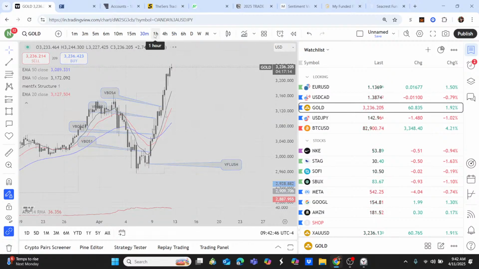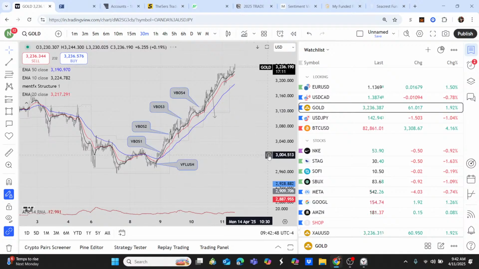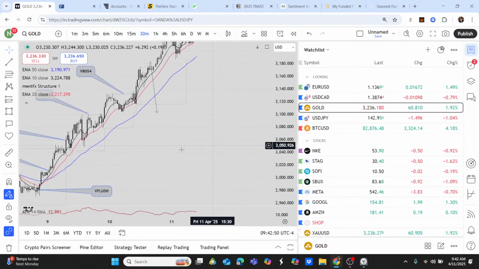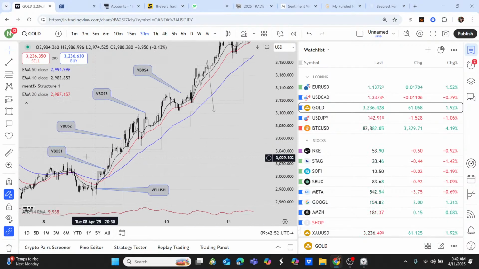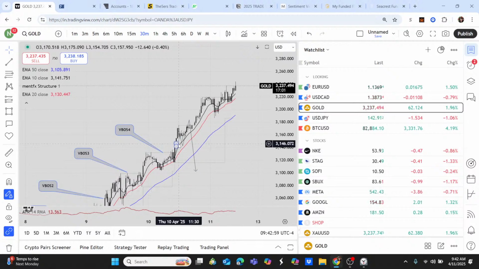So if you go on a 30 minute right here, you see a nice cycle. We flush. We created the first fractal break, the second, the third, the fourth. Now I was expecting, okay, we're probably gonna make another break at the fourth, and then create another break to make a fifth one, and then refill.